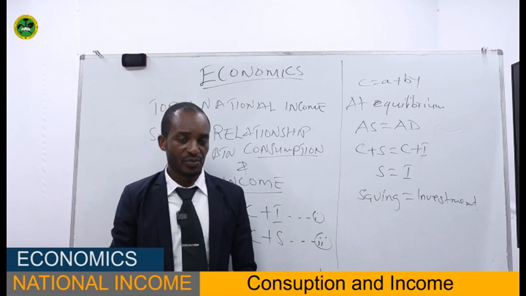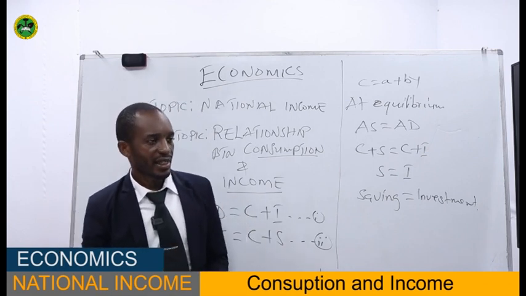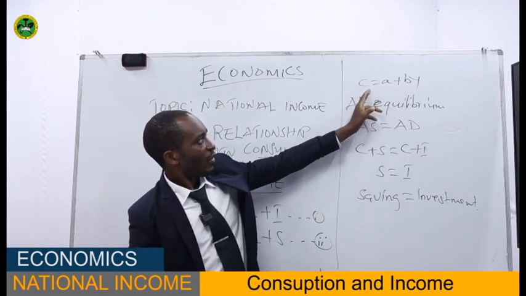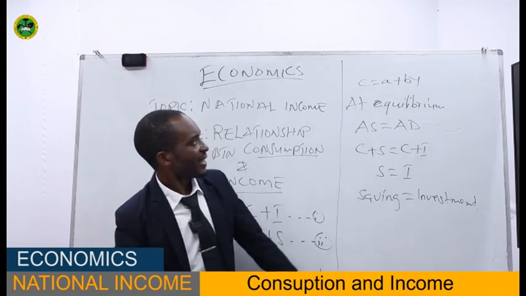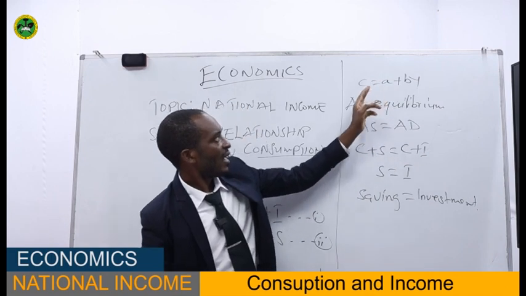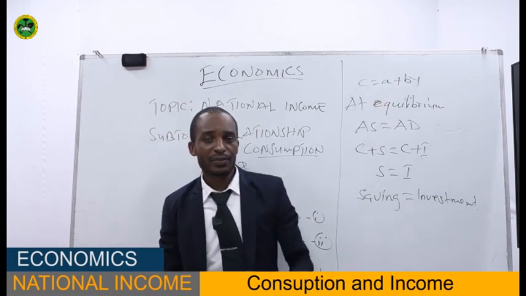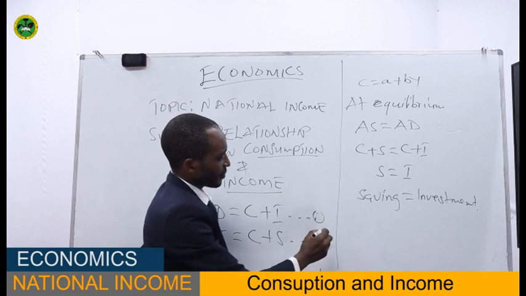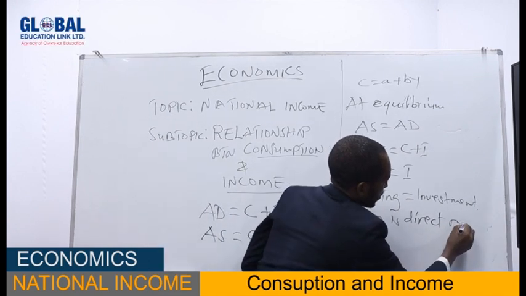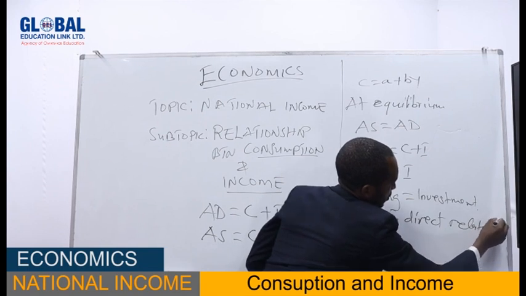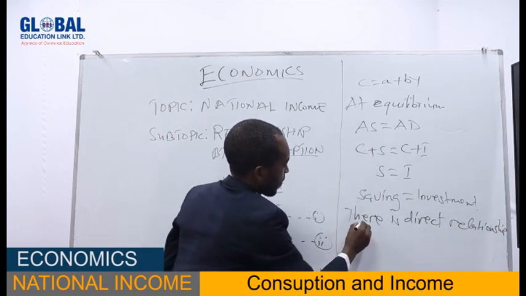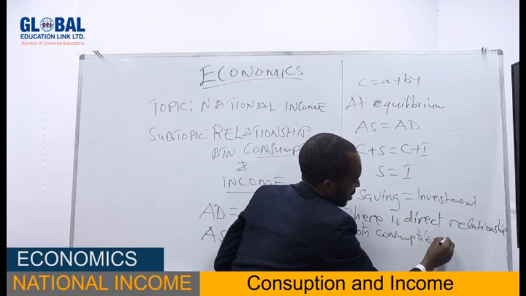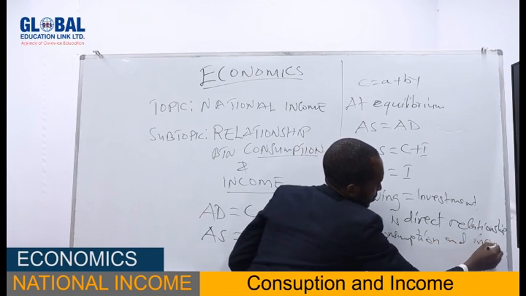Now let us see the relationship between consumption and income. According to Keynesian, this equation shows that the level of consumption depends on income. It means as income increases, consumption also will increase. It means there is a direct proportion between consumption and income. So we can conclude that there is a direct relationship between consumption and income.